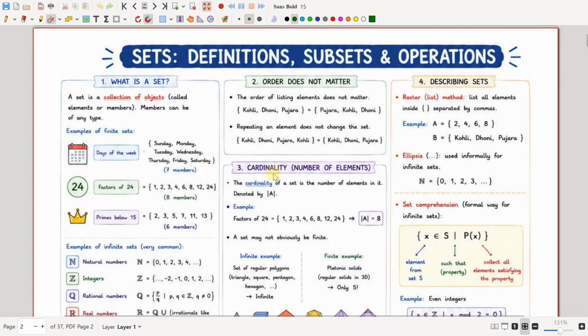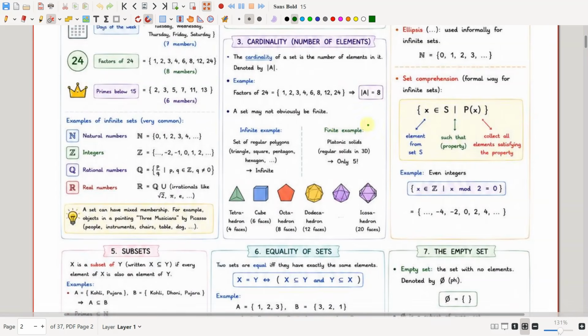Okay, and there is another method called set comprehension. See, in this you can define some constraints for the numbers. I can write like this: x belongs to Z such that x mod 2 is equal to 0.